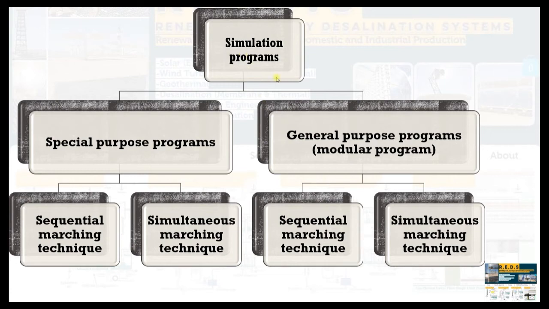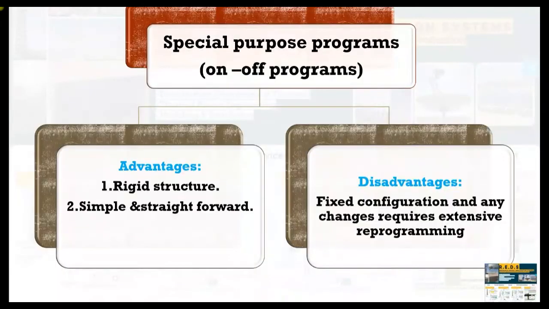We have simulation programs, special purpose programs, sequential matching technique, simultaneous matching technique, and we have general purpose, sequential and simultaneous also. For special purpose, it has a little bit rigid structure, simple and straightforward.